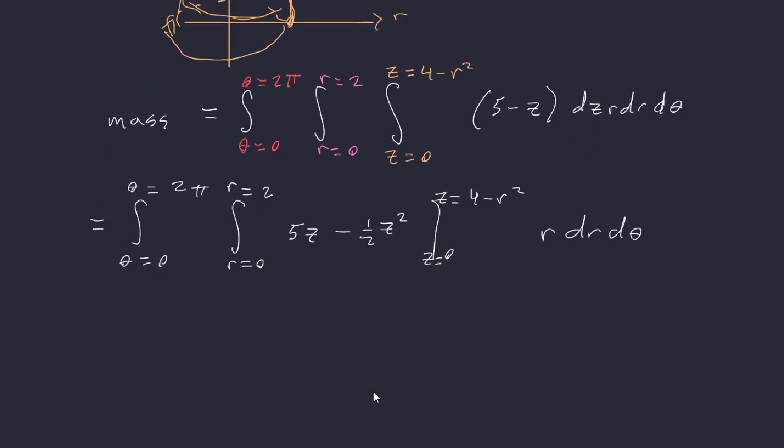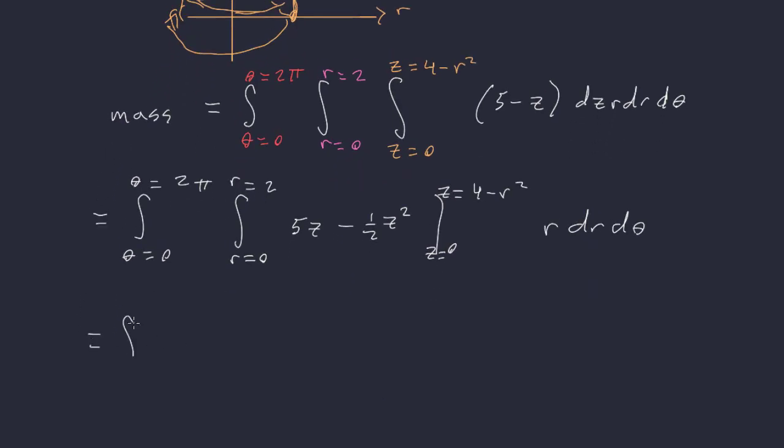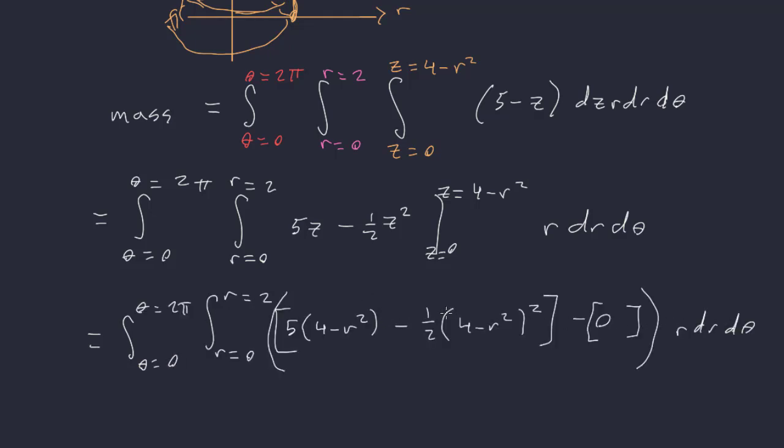So when we plug and chug here, saved you some time from having to watch me rewrite all this, but I plug the 4 minus r squared into the z's, and so we'll get 5 times 4 minus r squared minus 1/2 times 4 minus r squared, all squared, minus 0, and we still have the r dr d theta.